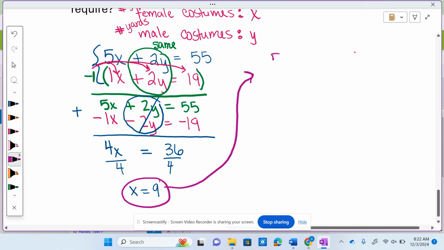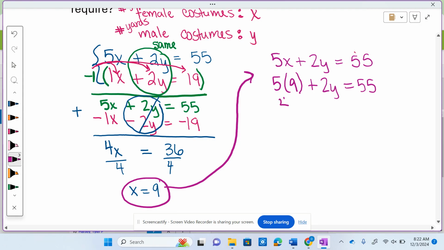So the first equation, 5x plus 2y equals 55. And Tyler says, hey, we're replacing the x with a 9. 5 times 9 plus 2y equals 55. What is 5 times 9? 45. Plus 2y equals 55.